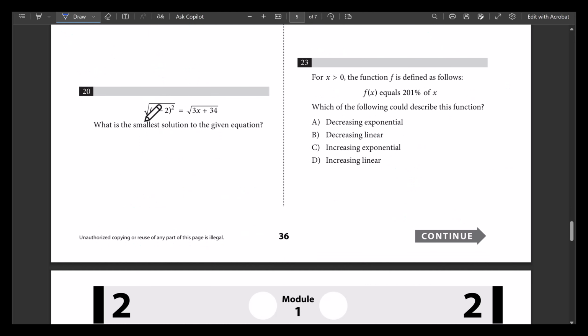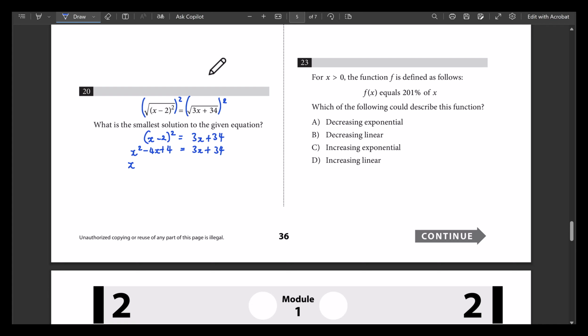Part A. Number 20. What is the smallest solution to the given equation? I'll get rid of these square roots by squaring both sides, and by so doing I remain with x minus 2 squared is equal to 3x plus 34. Expanding this, we get x squared minus 4x plus 4 is equal to 3x plus 34.